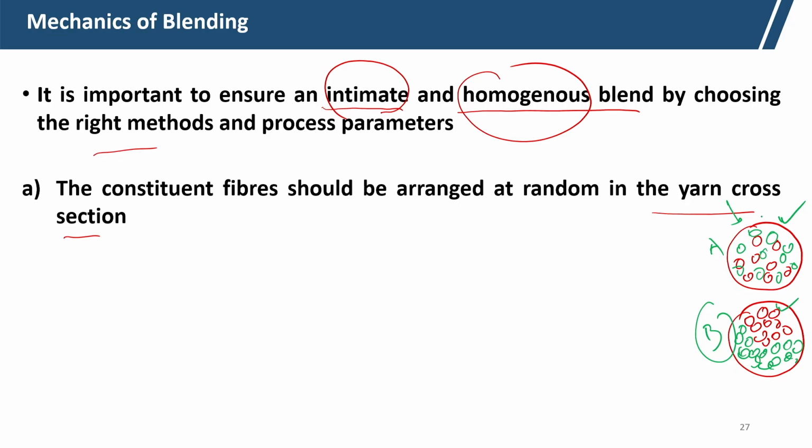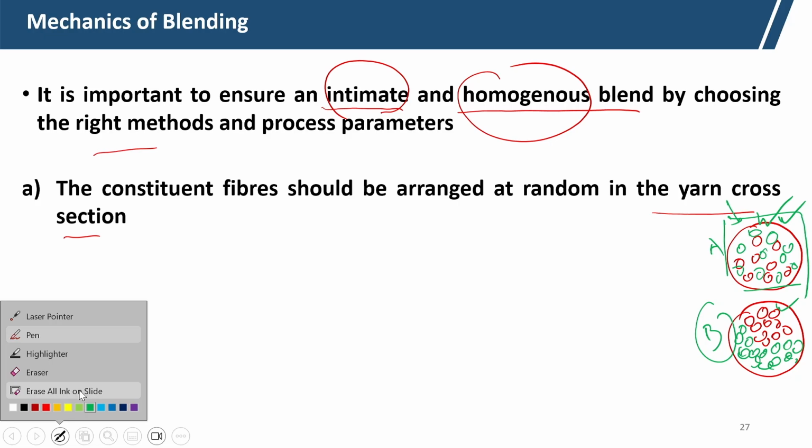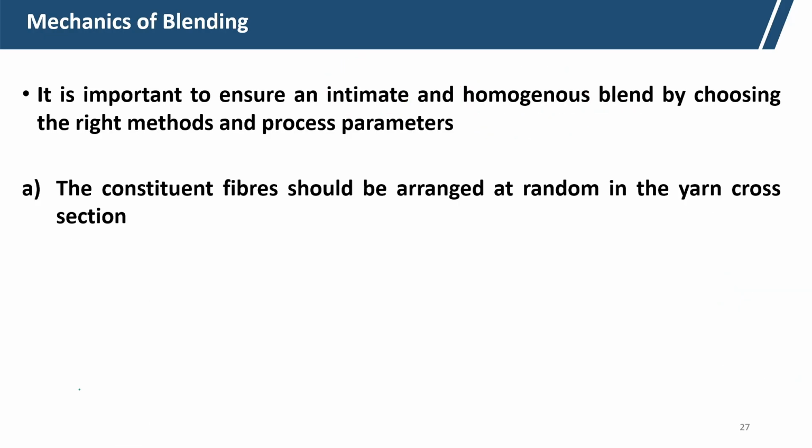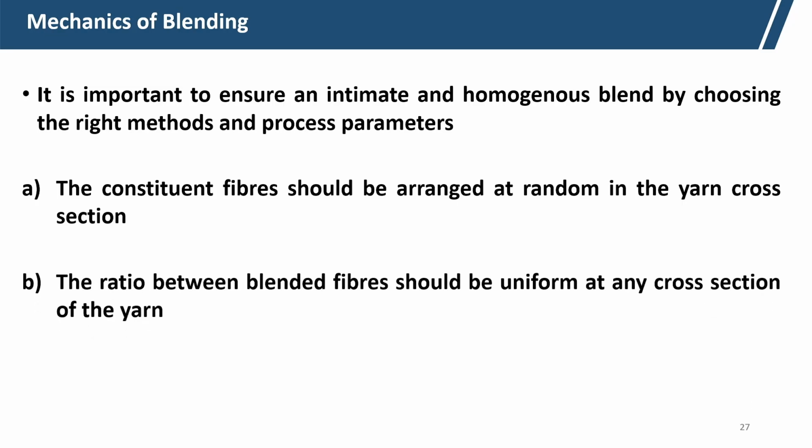So, our basic idea of blending is to have a homogeneous distribution along the cross section of the yarn and even along the yarn length. The ratio of blended fibers should be uniform at any cross section of the yarn.